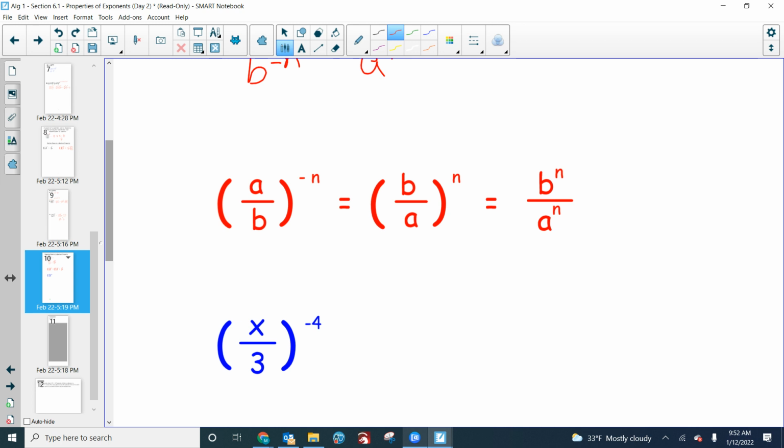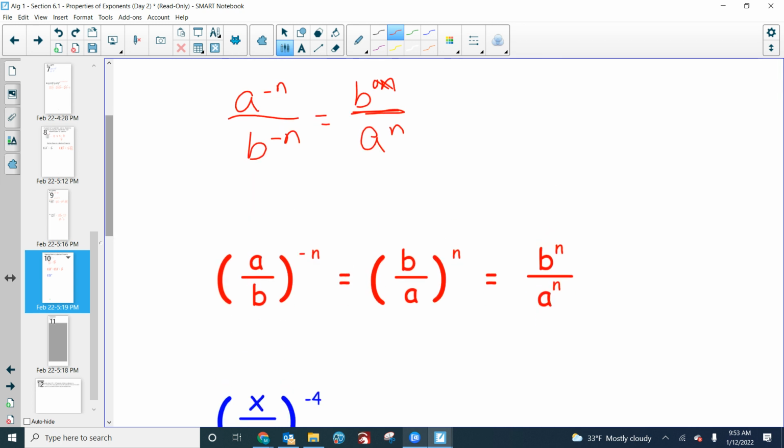So we're not going to deal with the negative exponents. And then everything gets to the n power, right? And then you can see we ended up with the same answer, but I didn't deal with the negative n exponent. So that's our shortcut. Okay? And it really comes in handy.